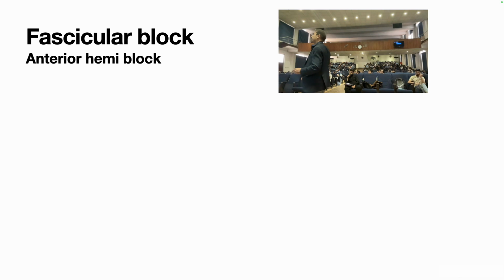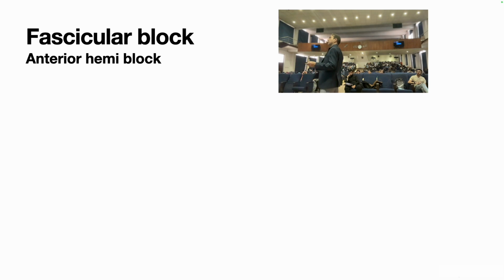Fascicular block. Which bundle has fascicles? Bundle branch. The left bundle branch has 2 fascicles, anterior fascicle and posterior fascicle. The right bundle branch is only 1 branch. The left one divides further into the anterior and posterior fascicles.